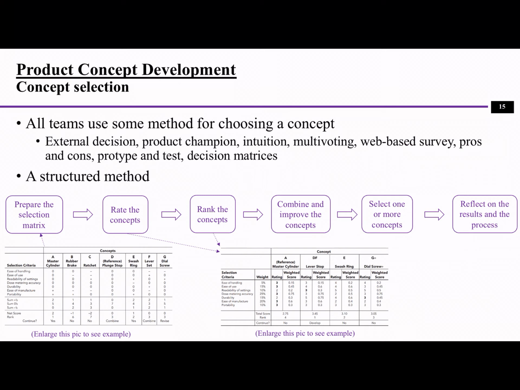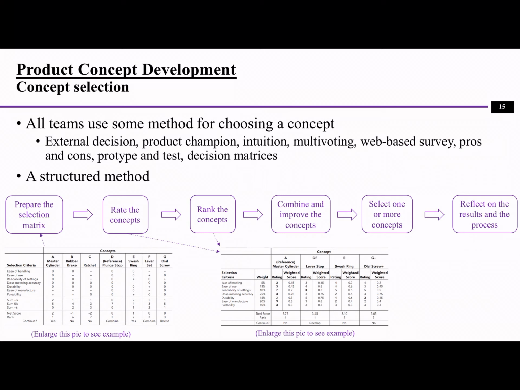For concept selection, people all have their different methods, or have used their own methods to choose concepts. Either we find experts for external decision, or a product champion, right? Or totally by our intuition.